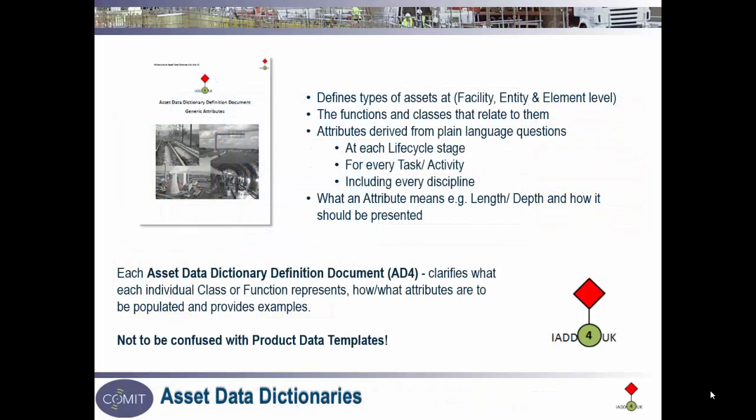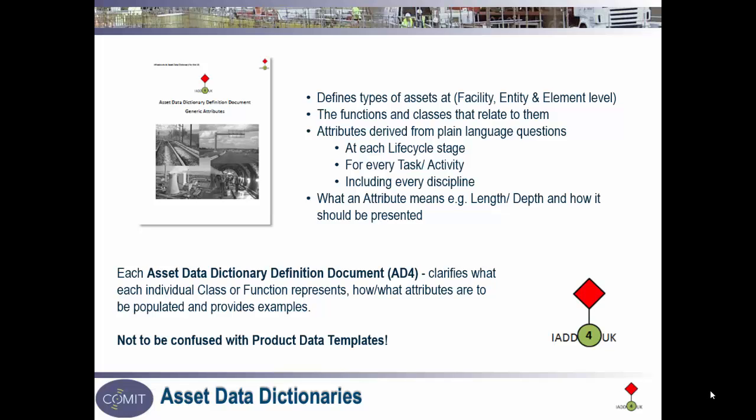That asset information requirement that answers the questions comes in the form of an Asset Data Dictionary definition document, or AD4 for short. It's actually not a document, but more of a database, really.